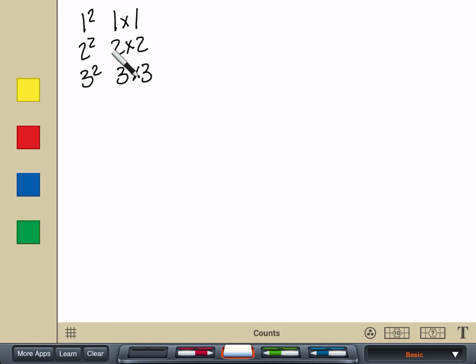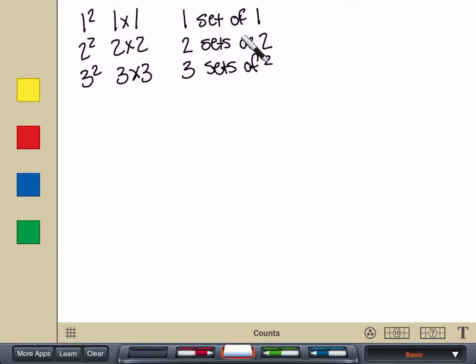And what this looks like is for 1 squared, or 1 times 1, 1 set of 1. For 2 squared, 2 times 2, it's 2 sets of 2. 3 squared, 3 times 3, 3 sets of 3.